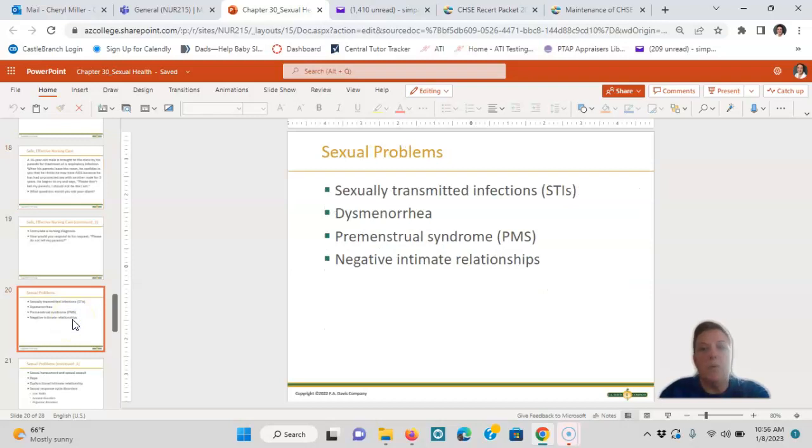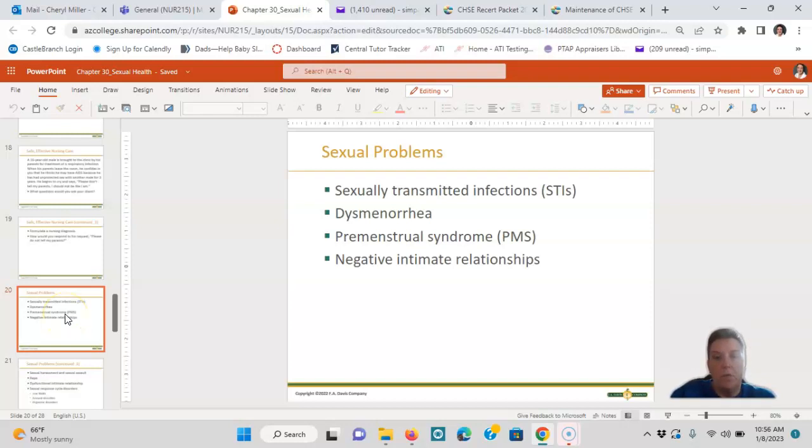So, some sexual problems that you might hear about in clinical or in the offices in the hospital are STIs, sexually transmitted infections, dysmenorrhea. Whenever you see the prefix dys, that means dysfunctional. So, dysfunctional bleeding, premenstrual syndrome, PMS.